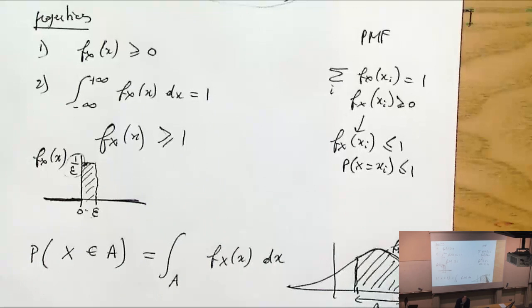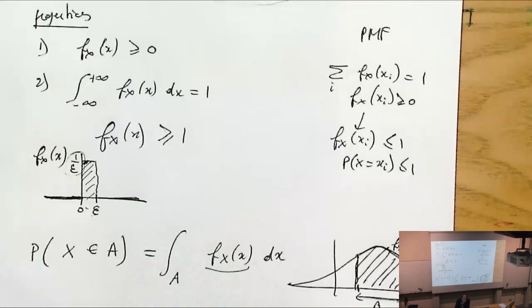The area under this curve in this interval A is the integral of this probability density function over that domain A.